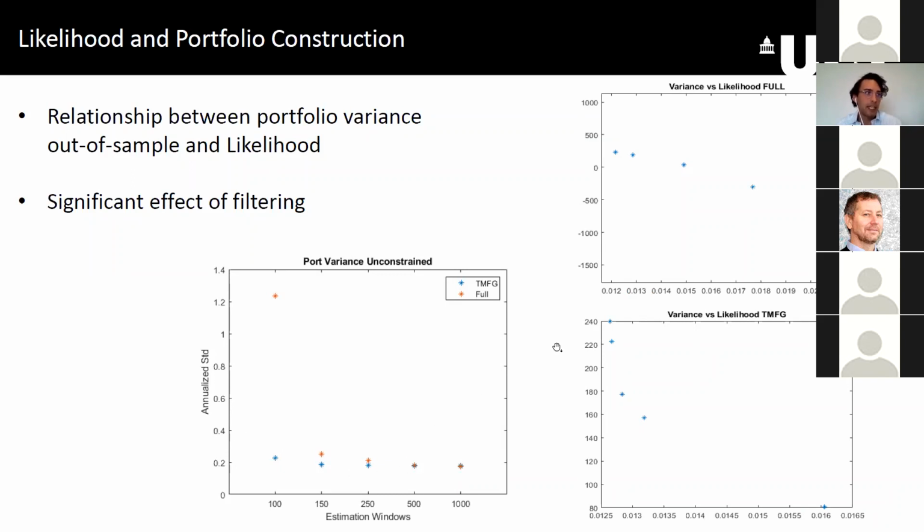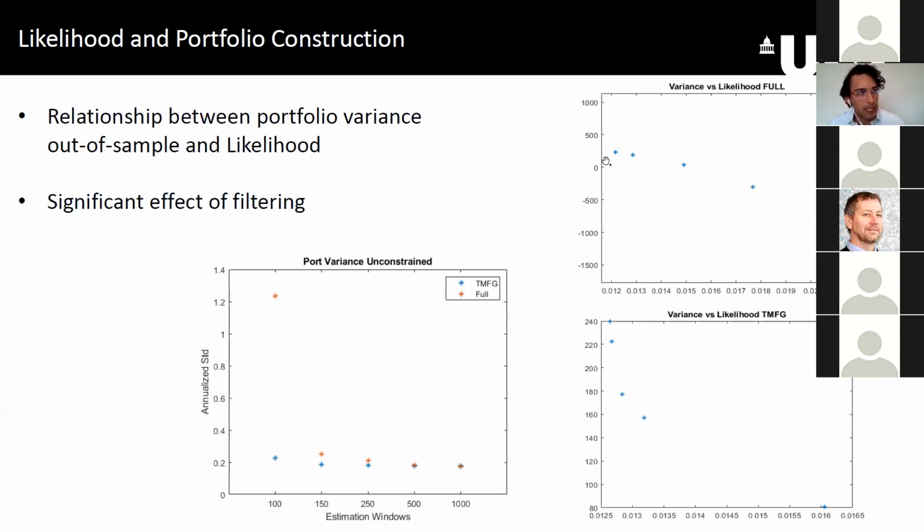Indeed, there is a relationship between the likelihood out of sample and the variance of the portfolio. In the two charts on the right, you have the variance of the portfolio on the y-axis and the likelihood on the x-axis, for a portfolio constructed with a full covariance matrix on top and a filtered matrix at the bottom.